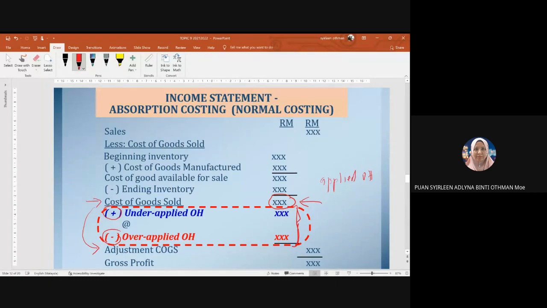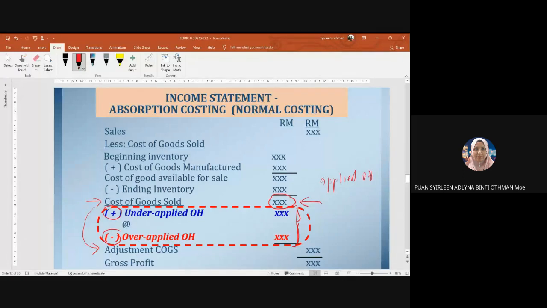Okay, so adjusted COGS tu nanti baru kita akan guna untuk kira gross profit. So at that point, cost kamu dah betul balik lah. Sebab tadi awak guna MOH tipu-tipu kan, yang bukan sebenar. So once you do the adjustments, kita akan betulkan balik so that the gross profit yang you dapat dalam statement ni is actually the actual gross profit selepas ambil kira over applied ataupun under applied.